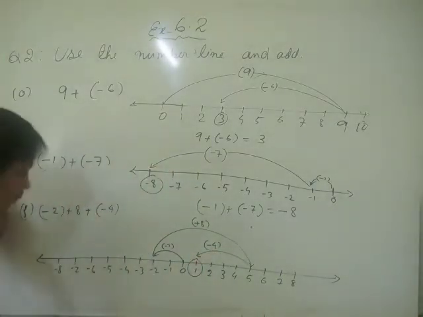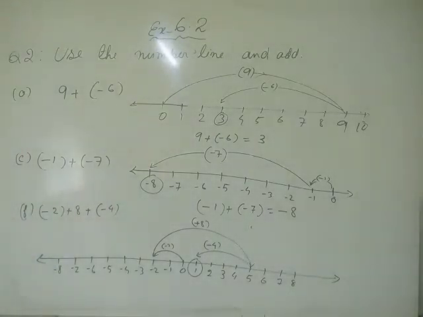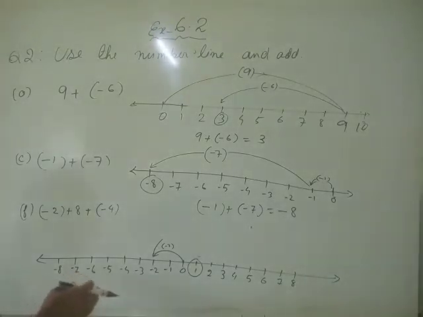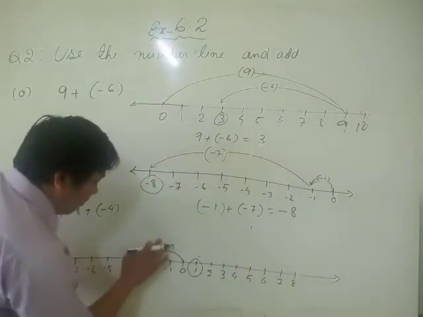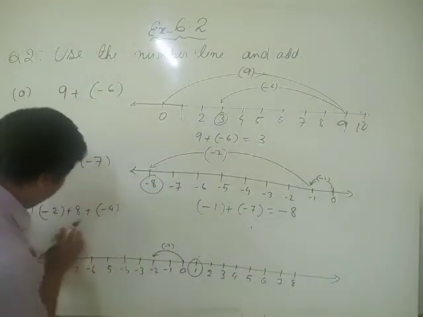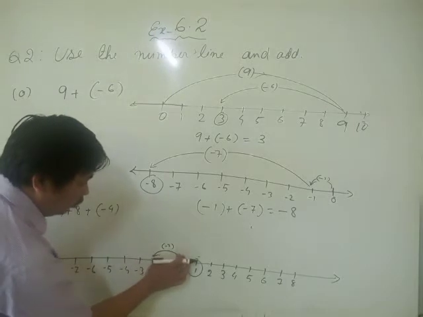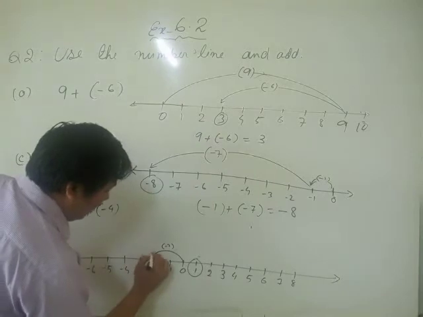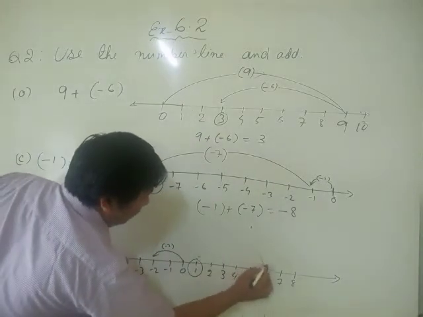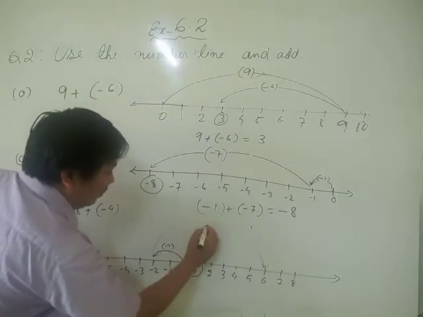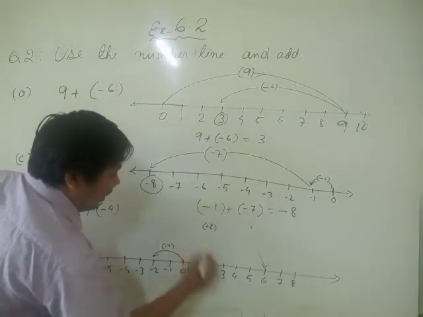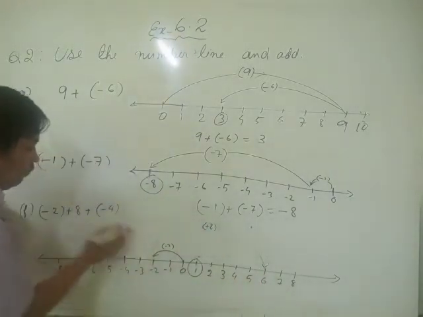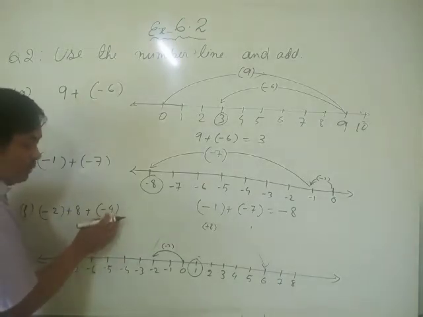My dear friend, let's come once again here. See, from here is minus 2, is it? Plus 8. 1, 2, 3, 4, 5, 6, 7, 8. That means up to here. So this is plus 8. And from here we have to move minus 4.